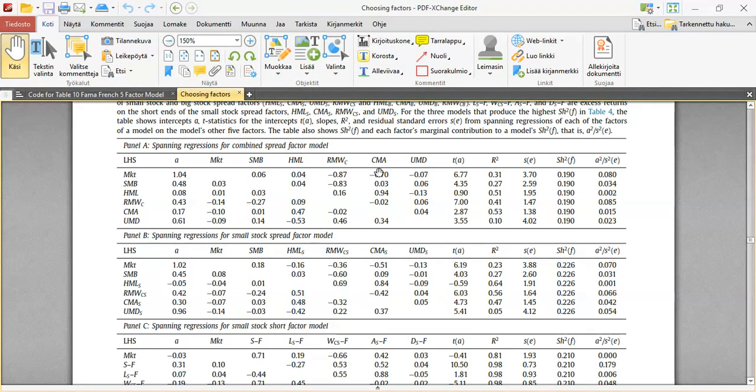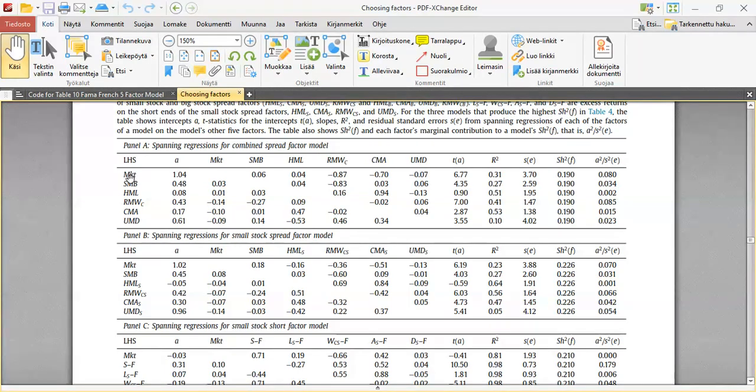These are the point estimates here, and what you see here is the t-statistic for the alpha, which is 1.04, which means that 1.04% per month of the market factor cannot be explained by exposures against the remaining 5 factors of the 6-factor model. Okay, the t-statistic is 6.77.